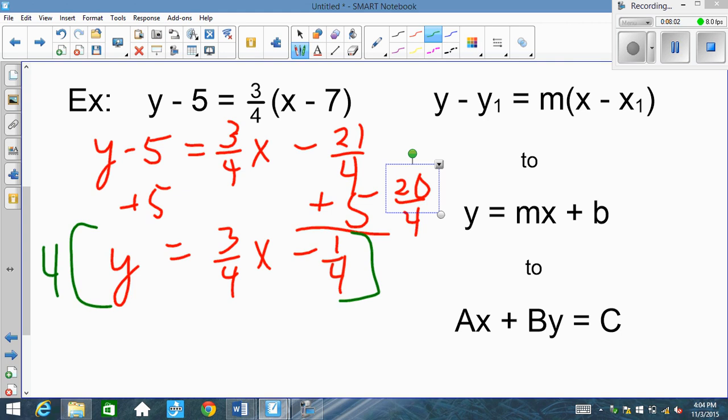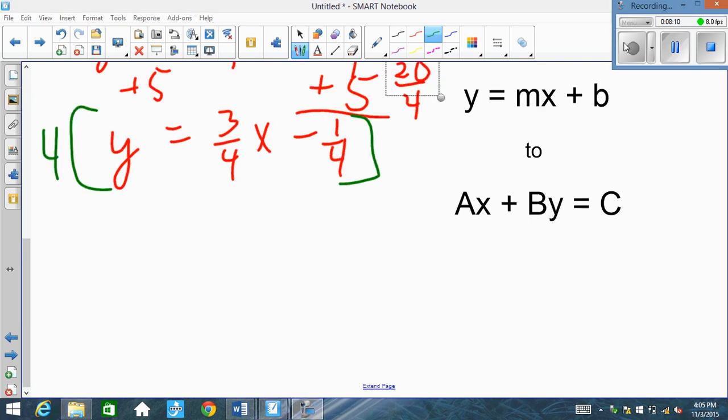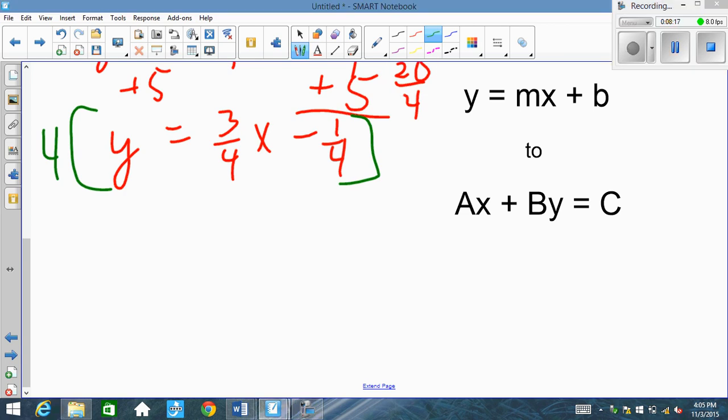So the only way to get rid of fractions is to multiply by a number so that the fractions and the whole number, when multiplied, will get rid of each other. So again, you need to multiply everything by 4. So this becomes 4 times y, which is going to be 4y, equals 4 times 3/4, which ends up being 3x, and 4 times a negative 1/4 is a negative 1.